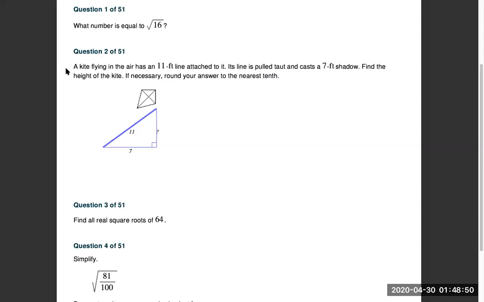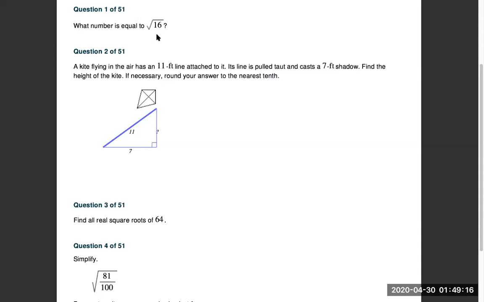So question number 2, we have a kite flying in the air, has an 11-foot line attached to it. Its line is pulled taut and casts a 7-foot shadow. Find the height of the kite, and if necessary, round your answer to the nearest tenth. So you might want to have a calculator for this part.